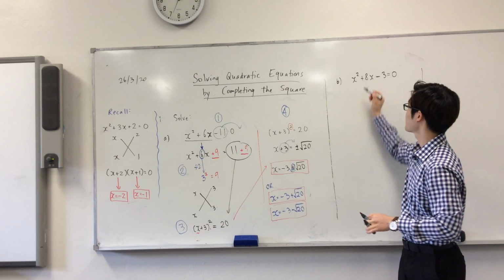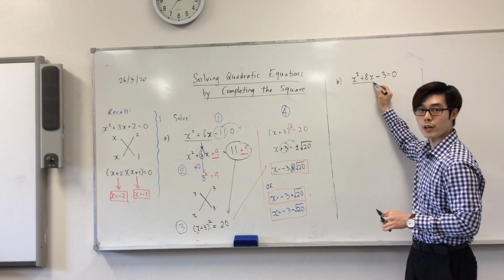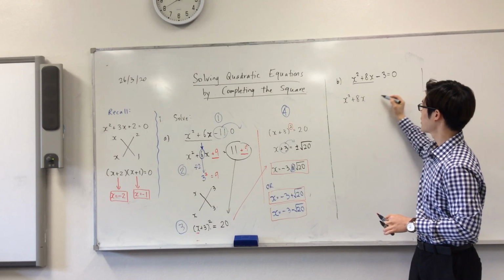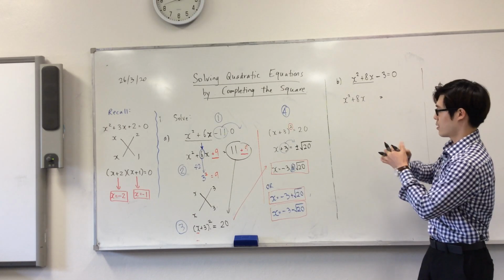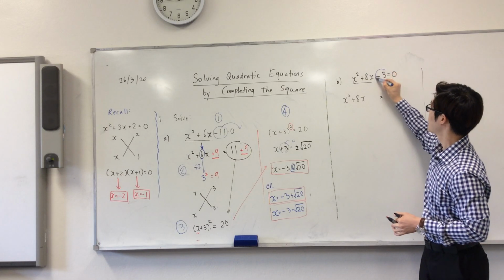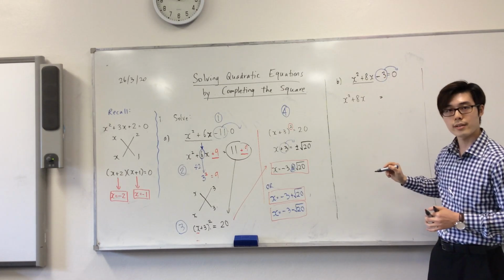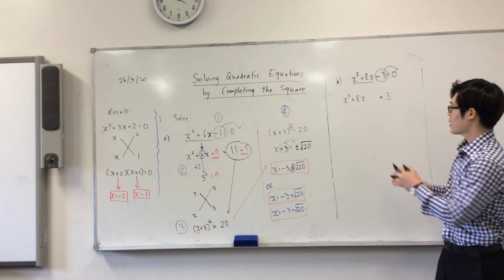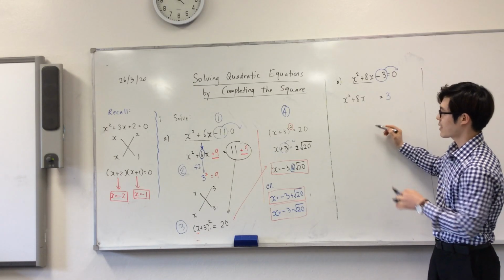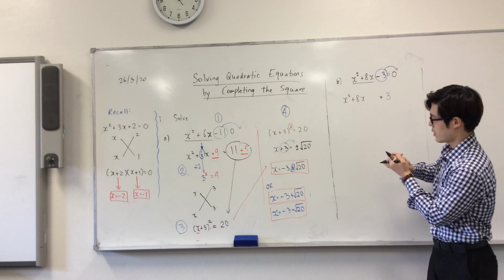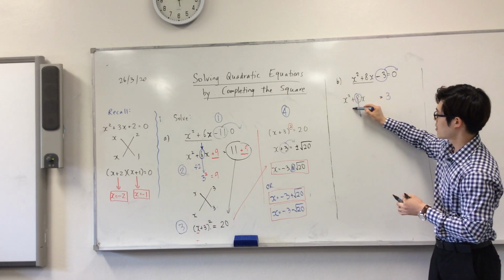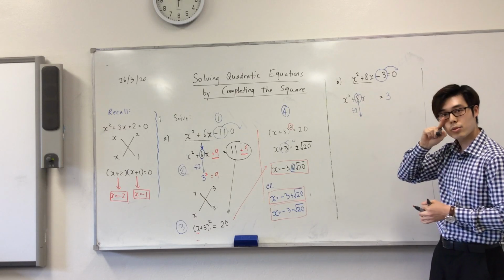Alright, first to set it up, write the first 2 terms, okay, leaving a gap. First step, bring minus 3 to the other side, it becomes plus 3. Now, the second step, get that middle number divided by 2.